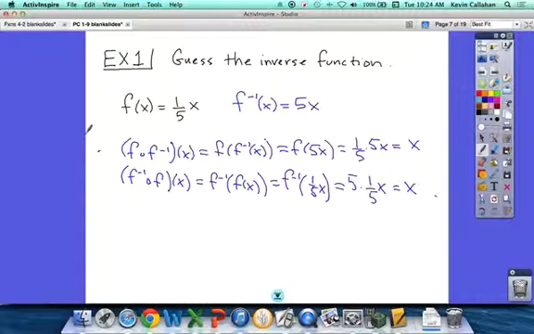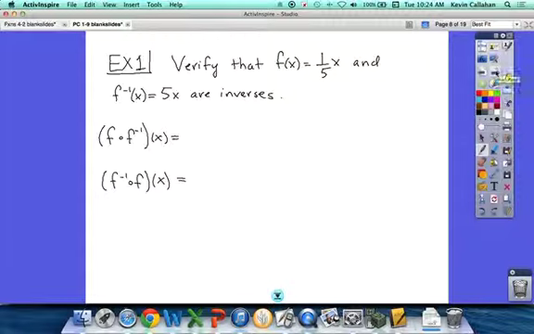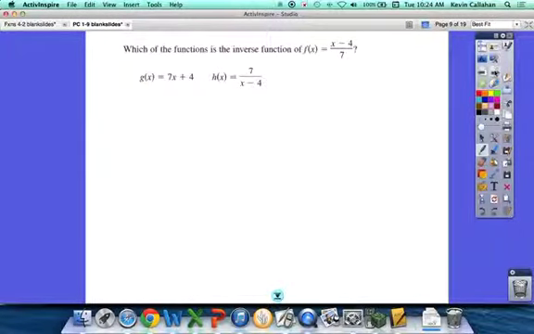Good? Okay. All right. And actually, we already did that. So the next is, which one of these two, what do we expect is going to be the inverse of this f of x?